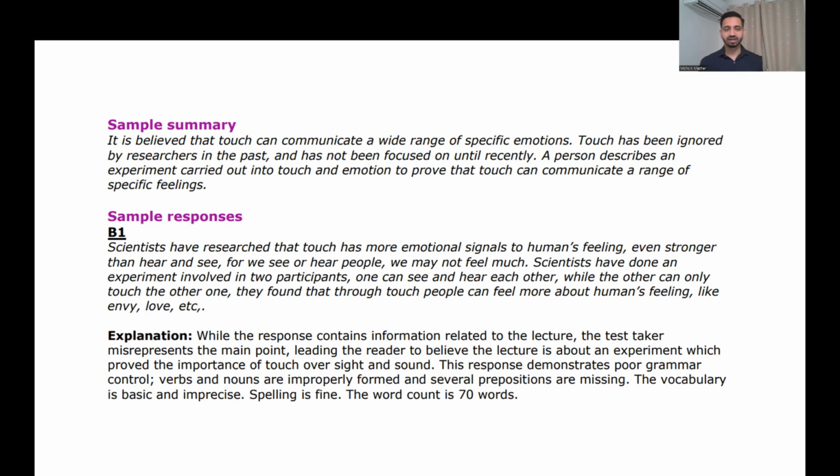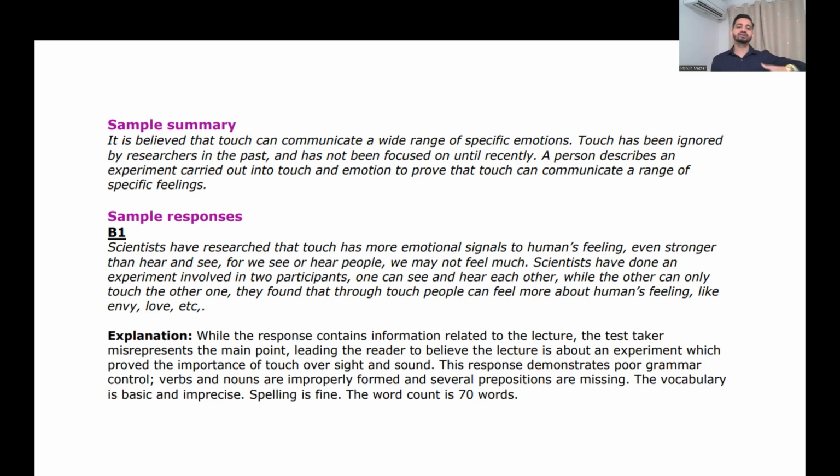So obviously there are grammatical errors here, I can see. And we'll read the explanation soon. In 2 participants, one can see and hear each other while the other can only touch the other one. They found that through touch, people can feel more about humans' feelings, like envy, love, and etc.